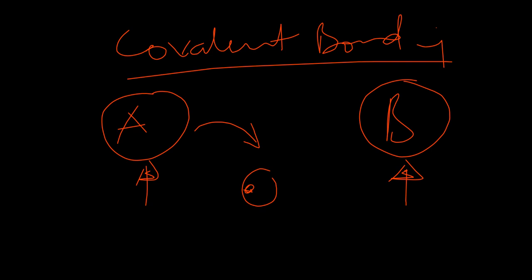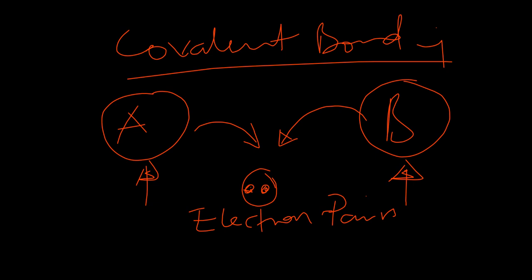Then the second atom, B, will also donate its electron, maybe one, so one from each atom into that bucket. Once they do that, they form what we call electron pairs. After forming electron pairs, they now come and share the electron pairs.